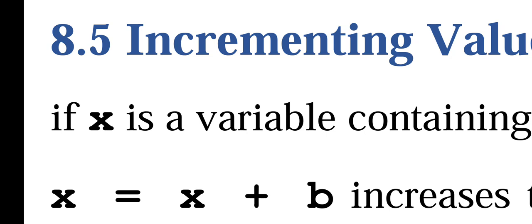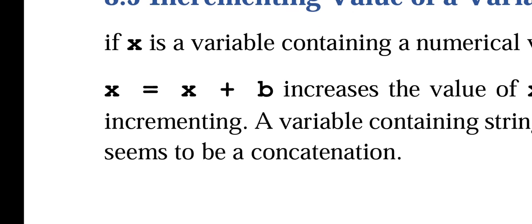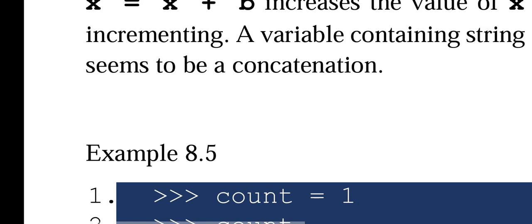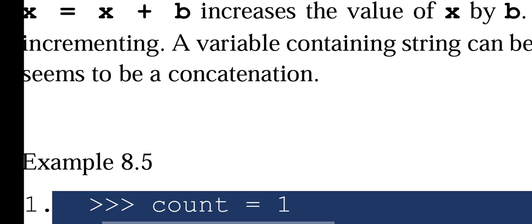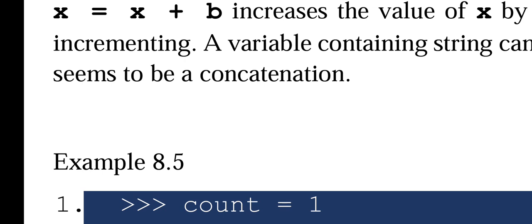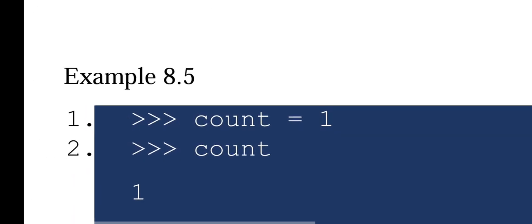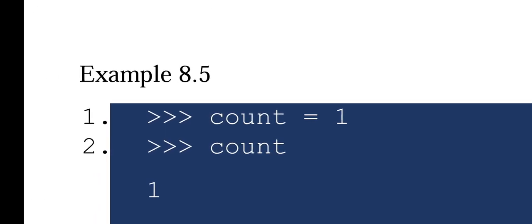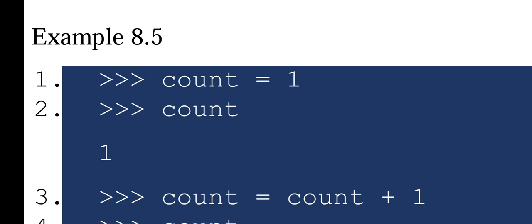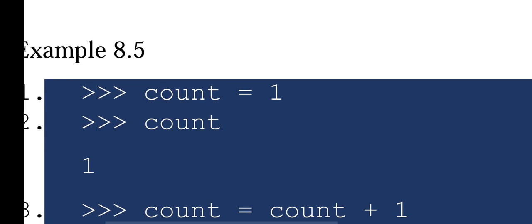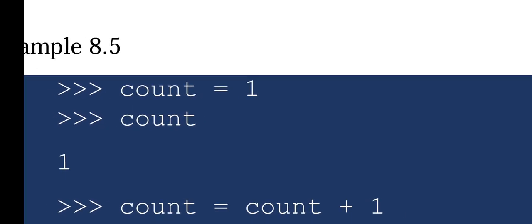Okay? So let's look at an example of incrementing a variable. Look at line 1. The value 1 is assigned to count, and yes, on output of count we get 1. And look at line 3, where count is incremented by 1 by saying count plus 1 is assigned to count.